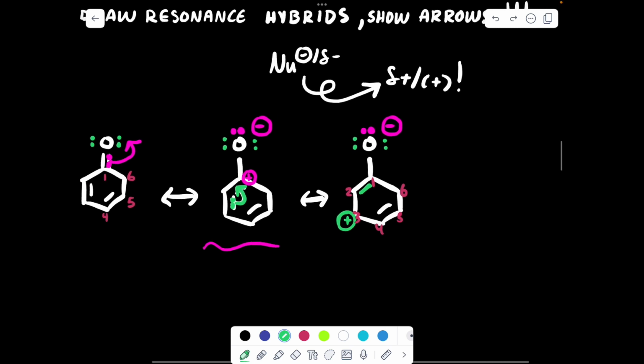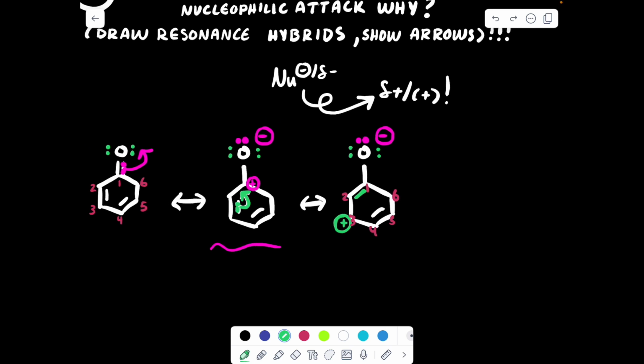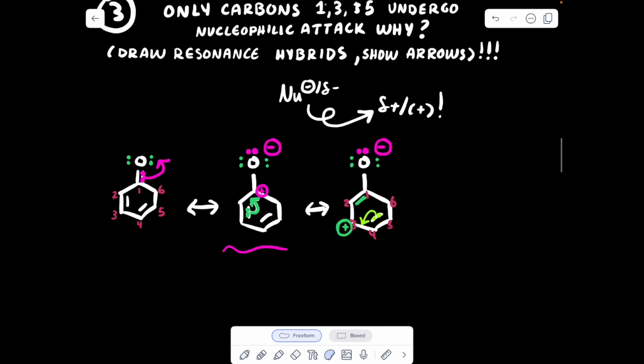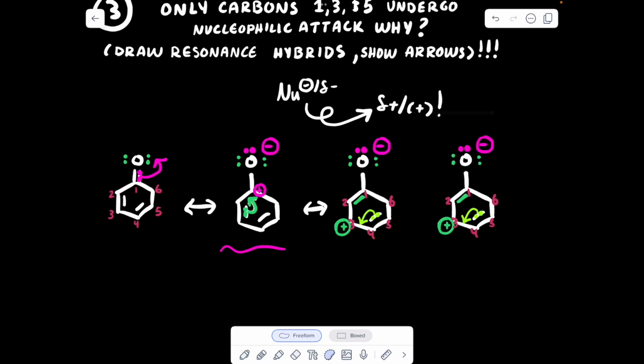So now I need to draw one more resonance hybrid that shows me why carbon number 5 might be attacked by a nucleophile. So the last arrow I'm going to draw is these 2 pi electrons going over, where the electrons move from in between 5 and 4 to in between 3 and 4, where carbon number 5 will become cationic and 3 will become neutral.